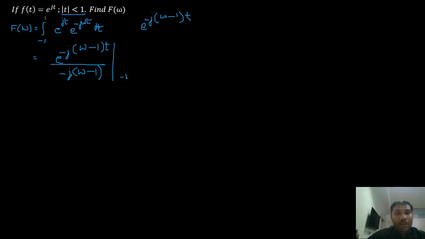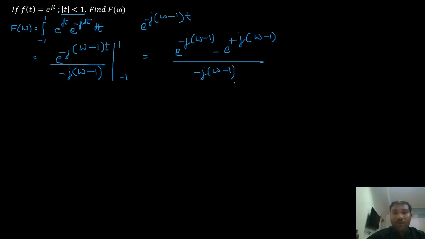Now the limits for t are minus 1 and plus 1. If I put t equal to plus 1, I have e power minus j omega minus 1. If I put t equal to minus 1, I have e power minus j omega minus 1 into minus 1, so I'll make this plus. And in the denominator, I have minus j into omega minus 1.